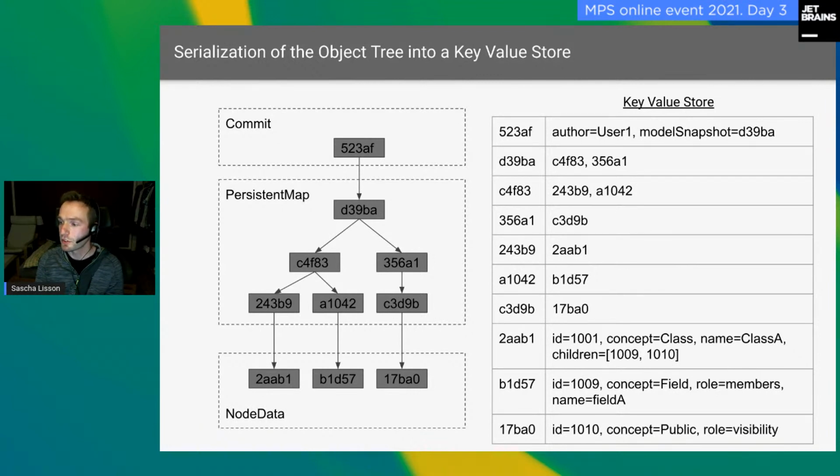And this is what we did in Modelix. We basically built a real-time version of Git, and all our data ends up in a key value store.